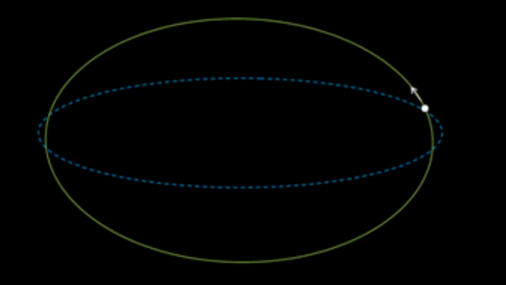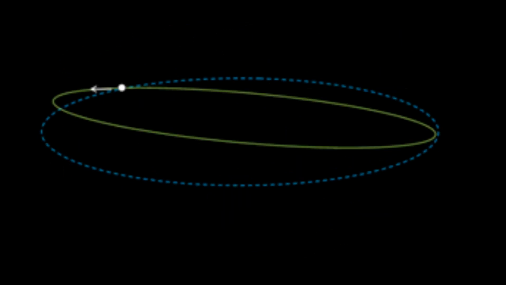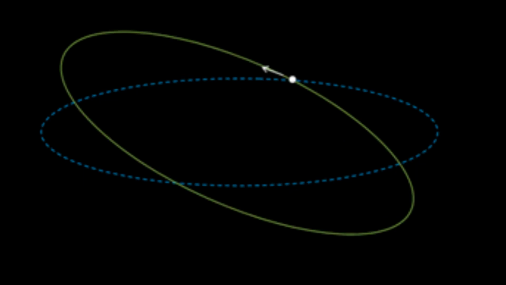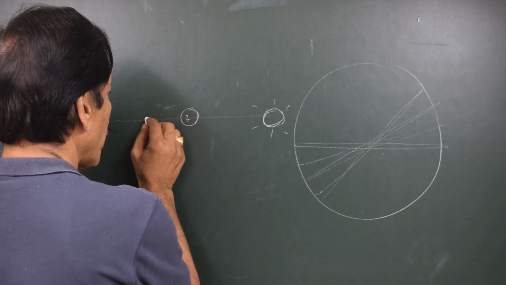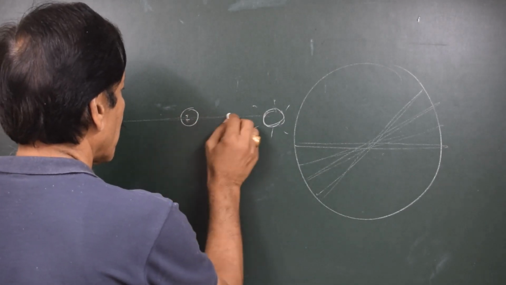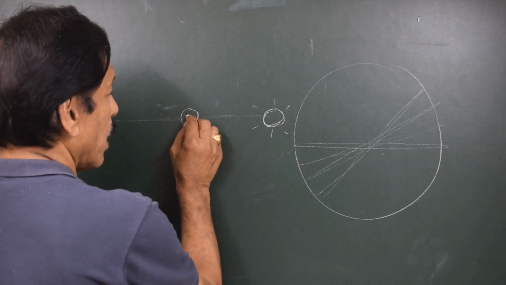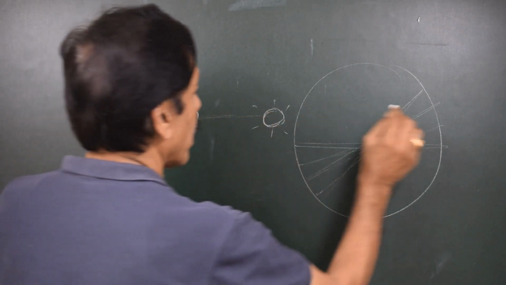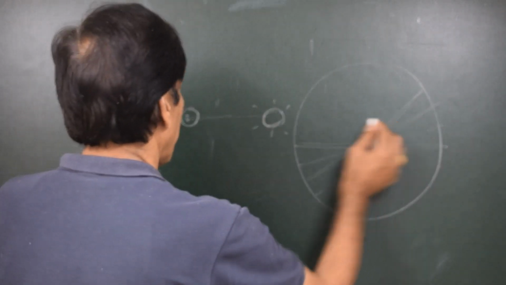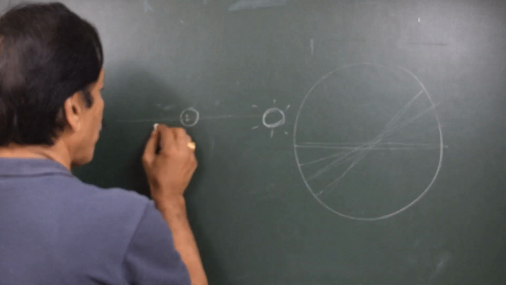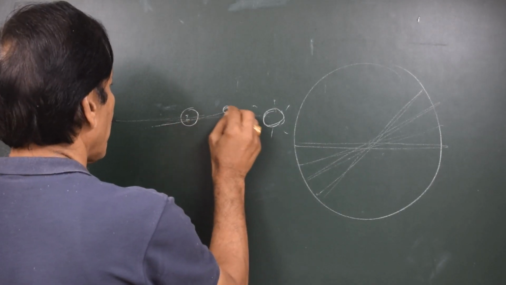Suppose this is the Earth, and suppose this is the ecliptic, because the ecliptic is made up of these two heavenly bodies, that is the Earth and the Sun. But the moon does not revolve around the Earth in this fashion, right? Assuming that the Earth is revolving around the Sun in this plane which I am showing, this is the plane of the ecliptic, but the moon's orbit is this way. It's inclined by about 5.25 degrees.